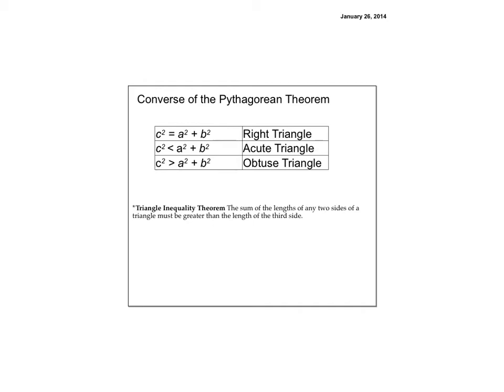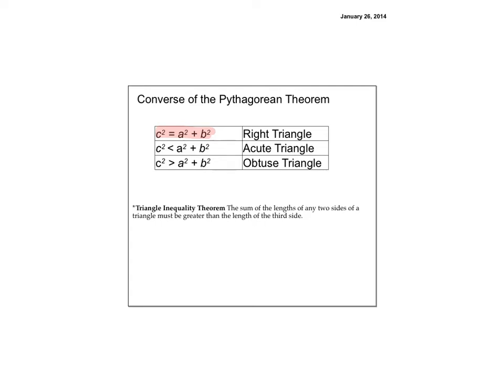So basically, what we're boiling this down to, if the 3 sides work in the Pythagorean theorem, then it's a right triangle.